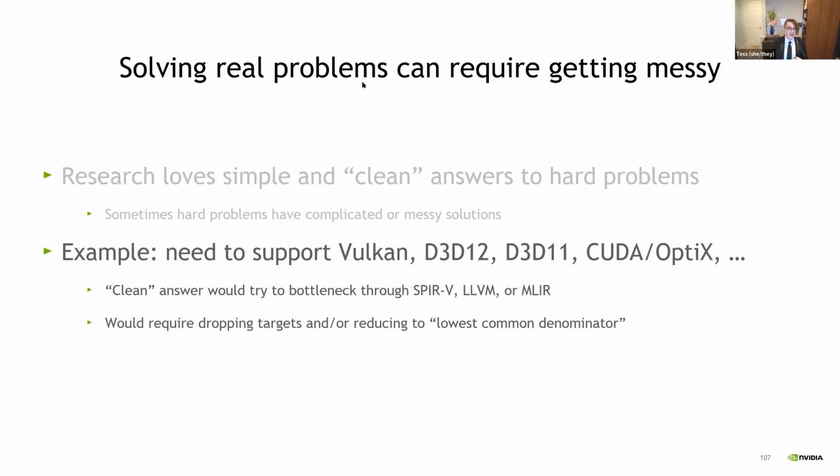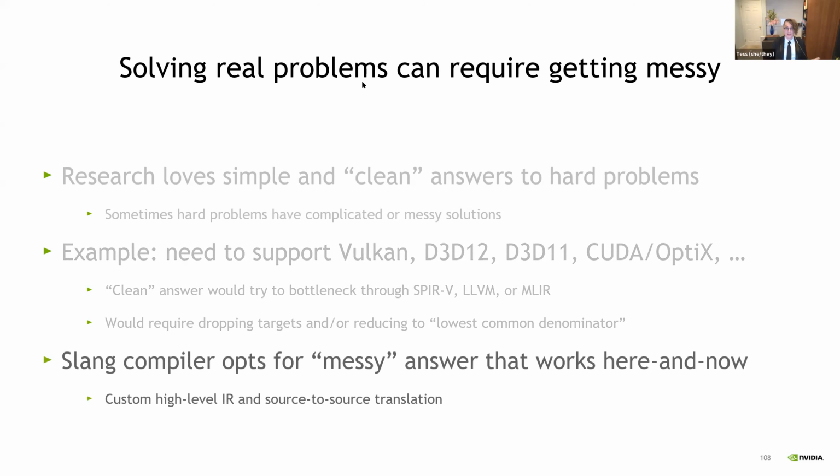So in practice, we opted for the messy answer that worked at the time we started the project. We did a custom IR and we used source-to-source translation, which sounds like a naive implementation choice, but it was actually just us facing the reality of needing to support a huge number of platforms that weren't commonly supported by these one-size-fits-all IRs at the time.